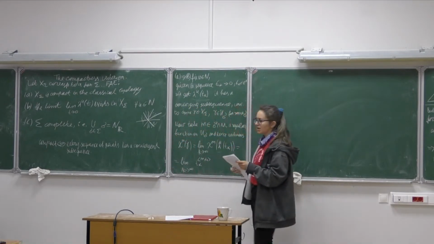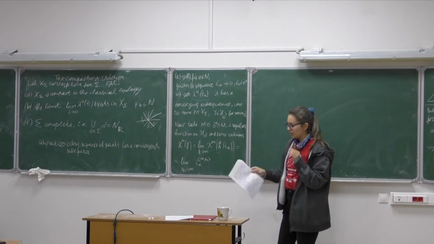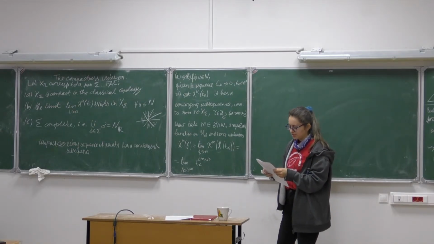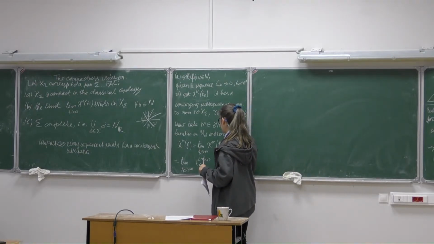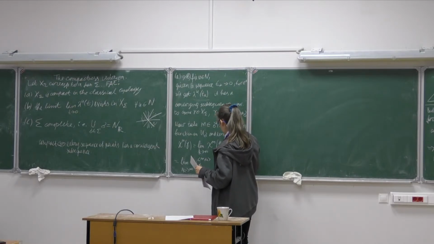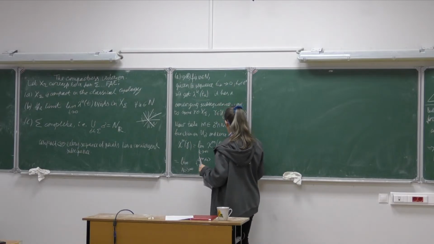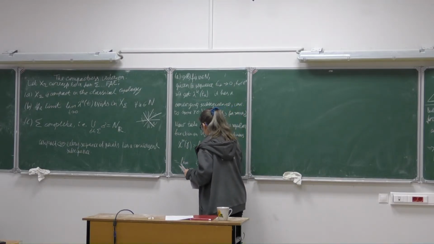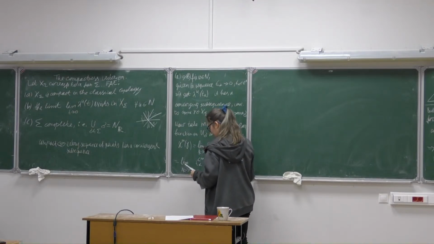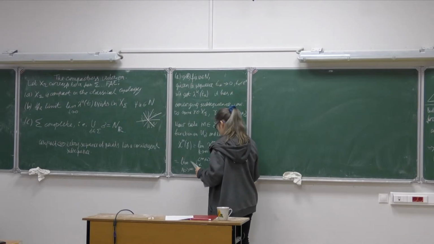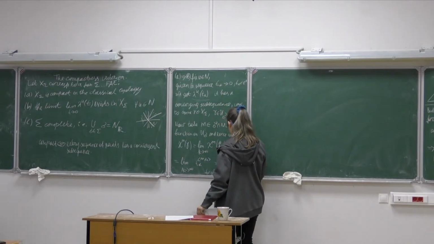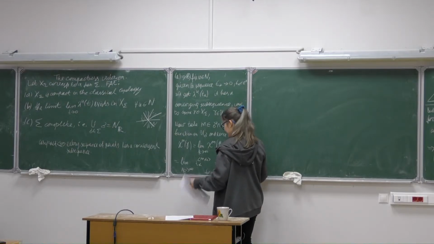So we know what this is, and we know that tk tends to 0. We conclude that the pairing of u and m is non-negative for all m in sigma check. And so u is from sigma.